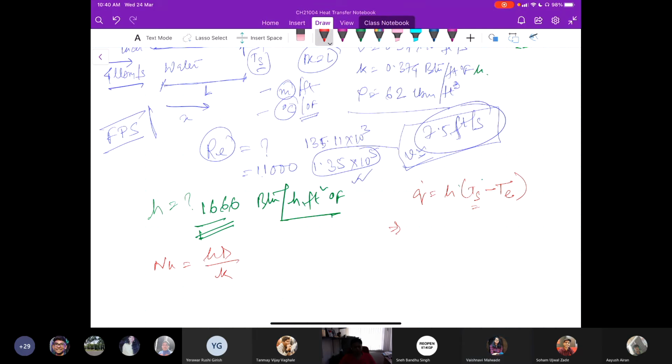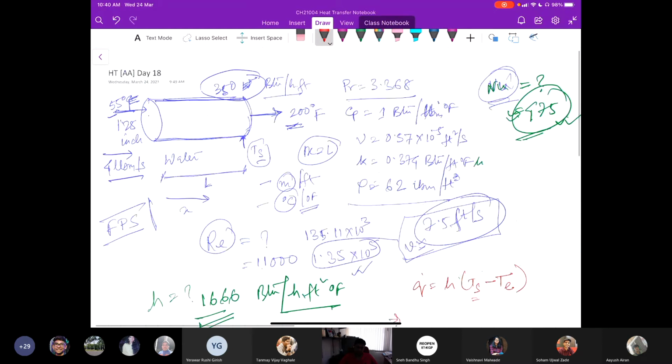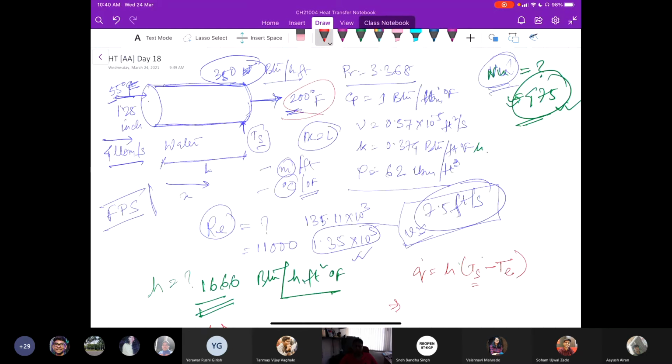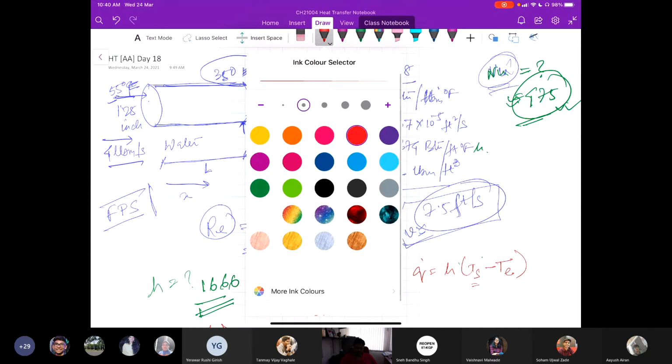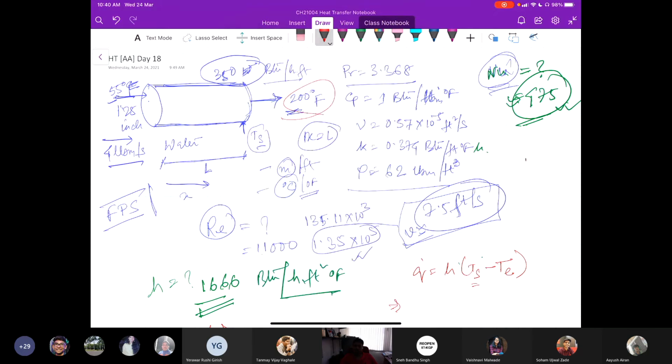Would that be sufficient to achieve the desired outlet temperature? Ten times is the requirement for having it fully developed.